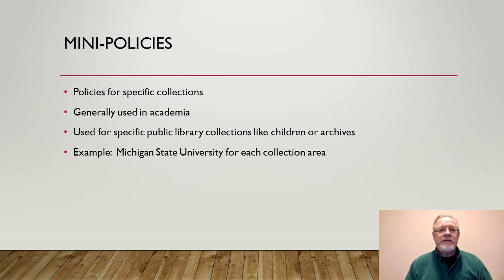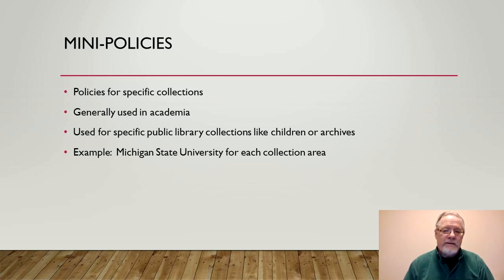And they use an RLG statement where what it does is it says you're going to collect this level at level 1B, 2C. The number represents you collect everything there is to be collected in that field, or you only collect things that can be used for research, or you only collect things that can be used for education. You can keep everything there is in this one area, but you might weed a little bit more in this other area.